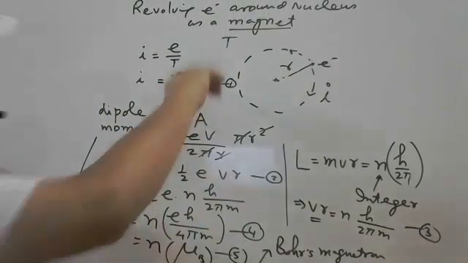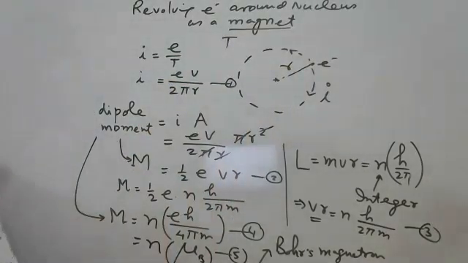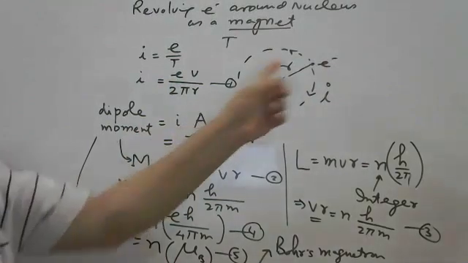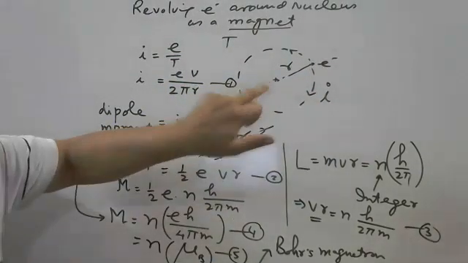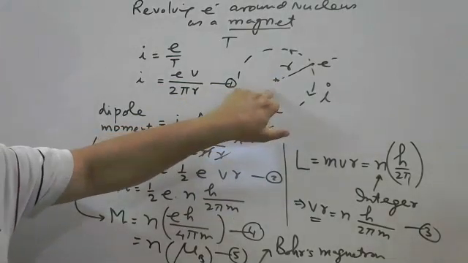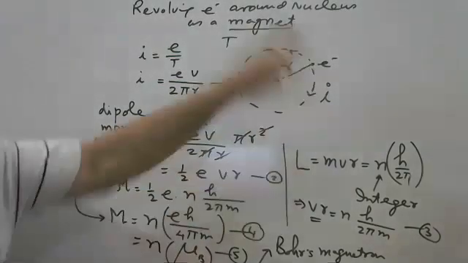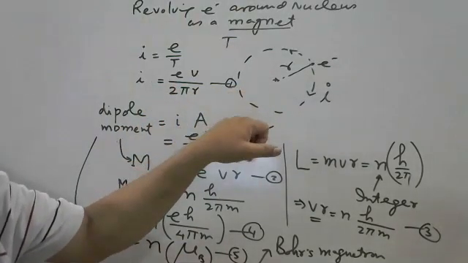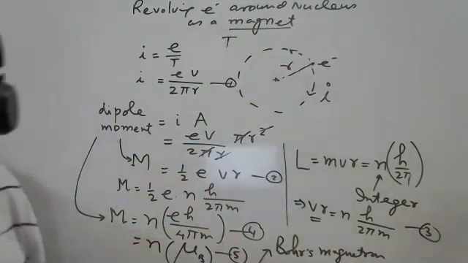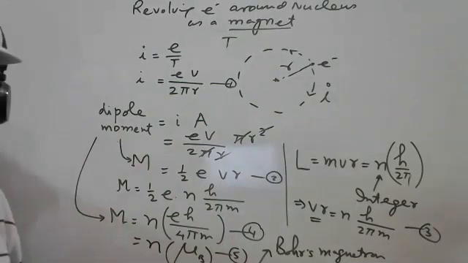So this is something about the electron, and for a dipole moment there must be two poles. When the electron is revolving in the anti-clockwise direction, we get the current in the clockwise direction, and we know a clockwise current always creates a pole. If you look from this side, this is the south pole for anti-clockwise current, and the other side gives the north pole. So we get both north and south poles.